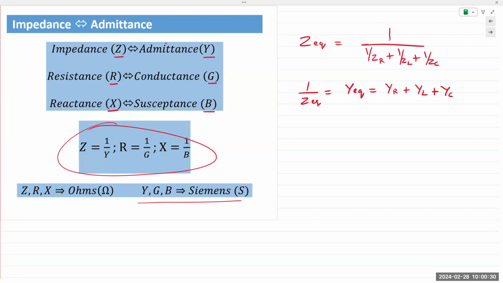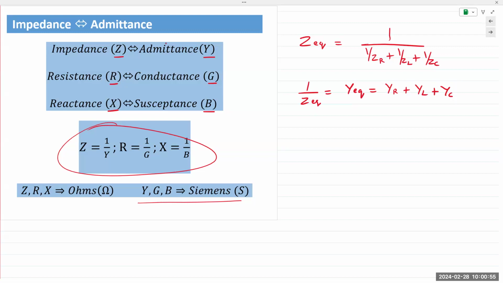So the math is a little easier to deal with. Nowadays, it does not matter so much because we have powerful calculation tools at our disposal: computers, smartphones, calculators that perform all these functions. But again, in 201, we will mostly just deal with impedance, resistance, and reactance.